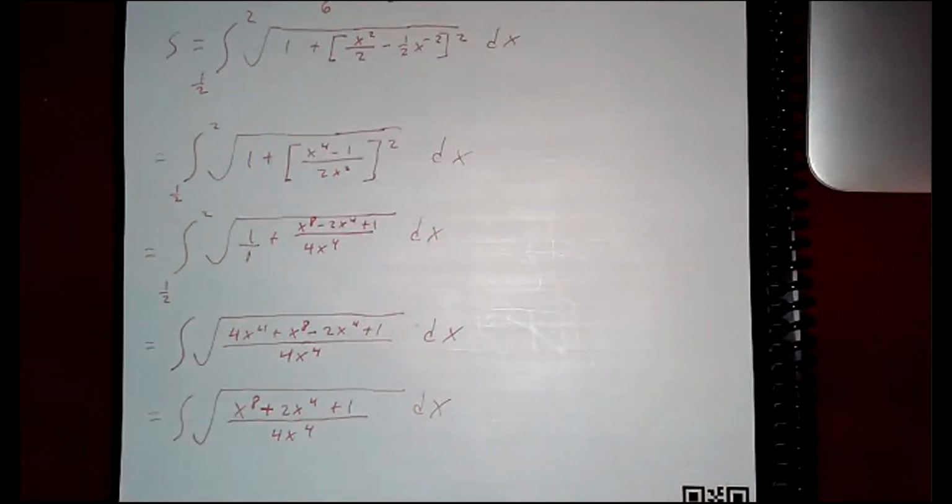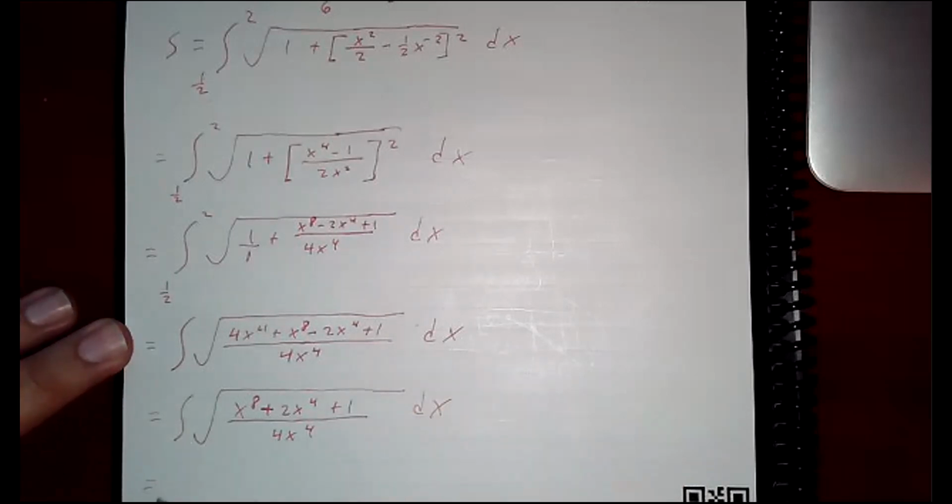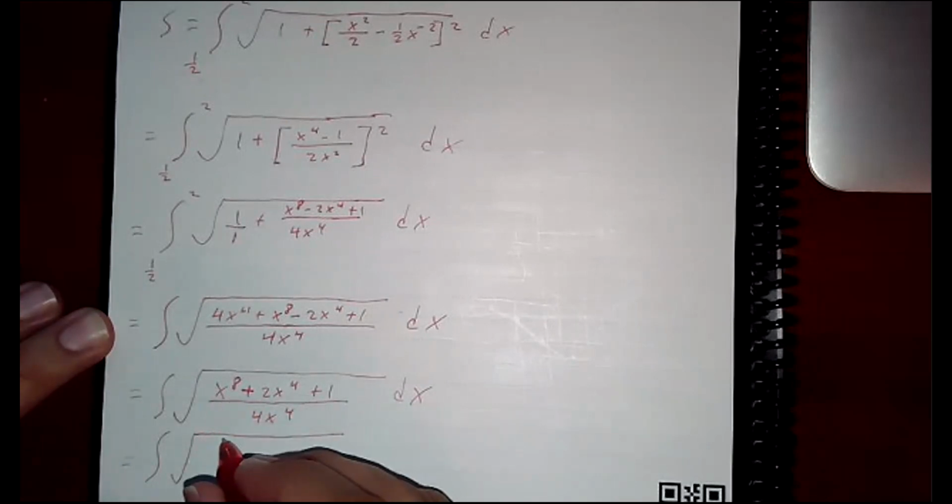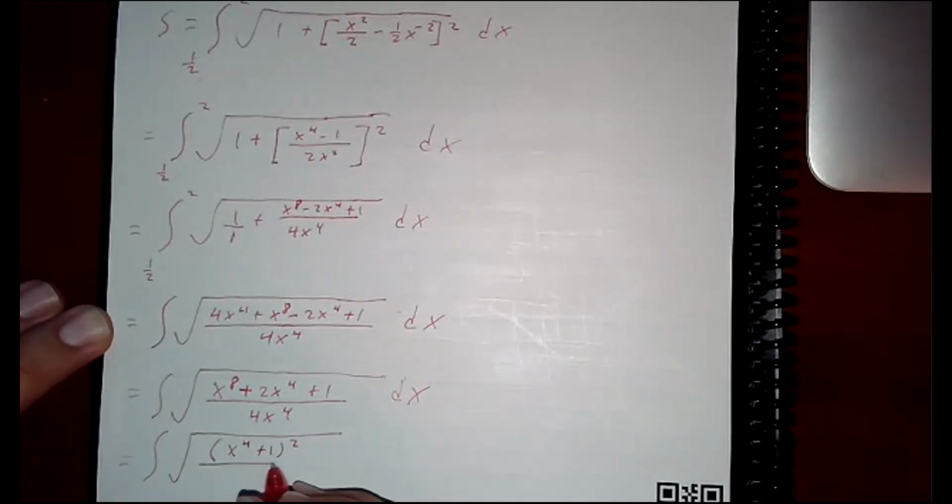So at this point, we have to do factoring. This can be factored into (x^4 plus 1) squared over, actually 2, x^2 squared.